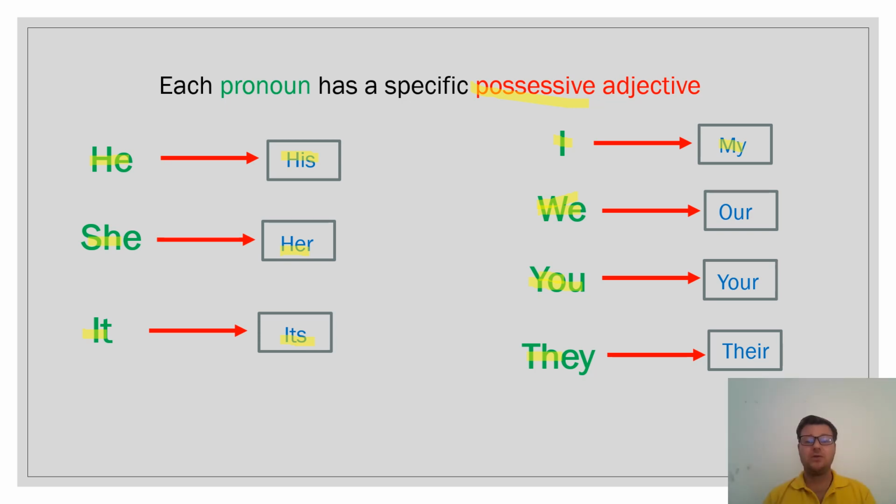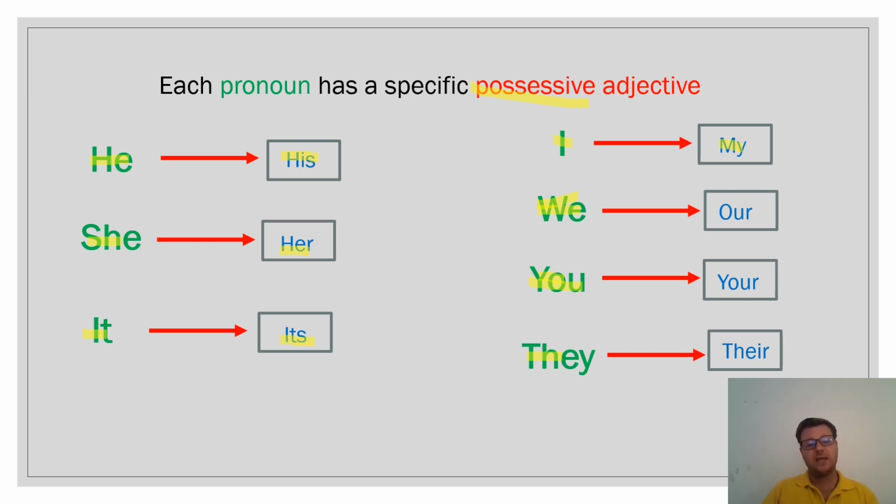Students, I would like you to pause the video on this slide and take a moment to remember and learn and study the pronouns and the possessive adjectives.